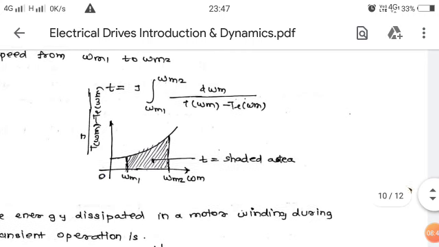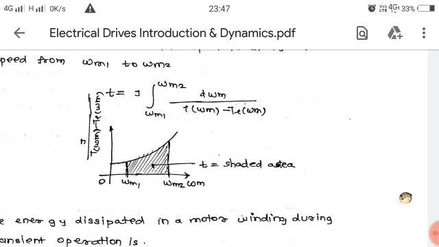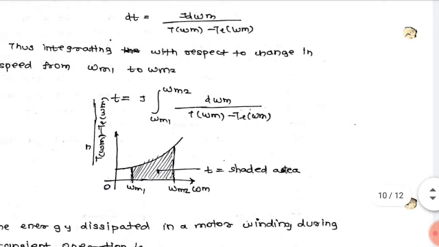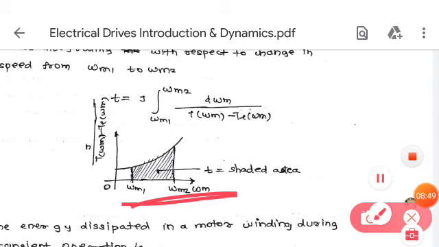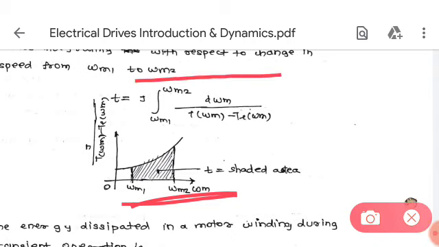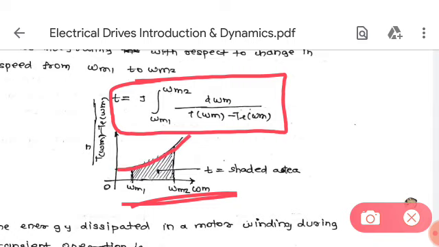Now, what is shown here is a graphical method. It is a graphical method of calculating integration. So whatever you are doing mathematically using, suppose, a calculator, the same can be done graphically. This curve is the quantity J by (T minus TL) versus speed.